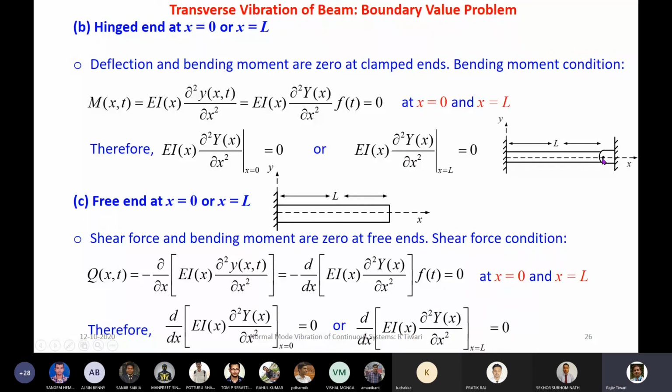Here displacement is 0, slope is not 0, and bending moment is 0. Here both y and its derivative will be 0.